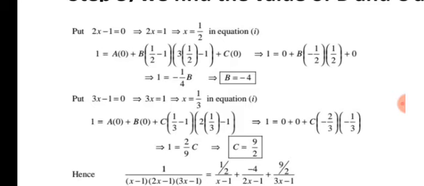Similarly, c also contains the factor 2x minus 1, so it will also be 0, and the unknown b will be multiplied by the factors, as it had no 2x minus 1 in equation 1. That's why it will be solved by putting the value of x is equal to 1 over 2.